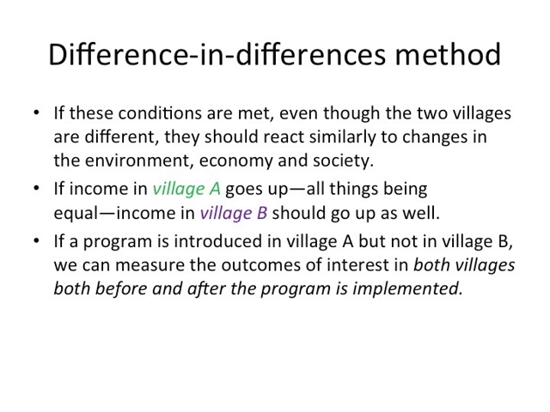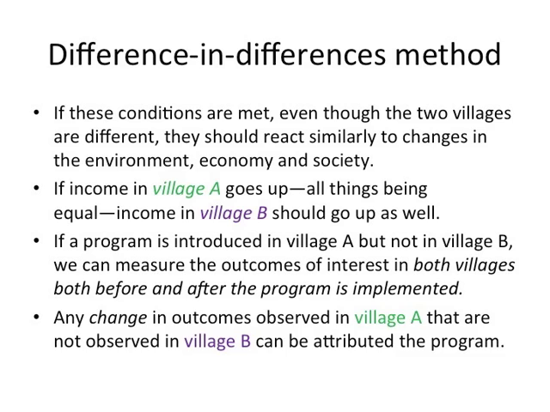Then, if a program is introduced in Village A but not in Village B, we can estimate the effect of the program as long as we have data from both villages both before and after the program. Any change that is observed in Village A that is not observed in Village B can be attributed to the program.